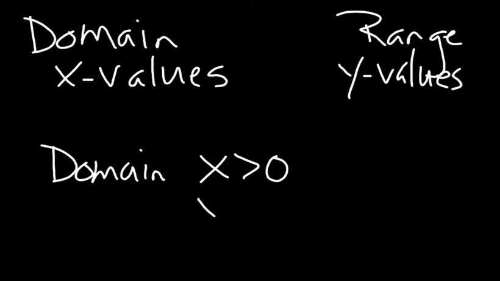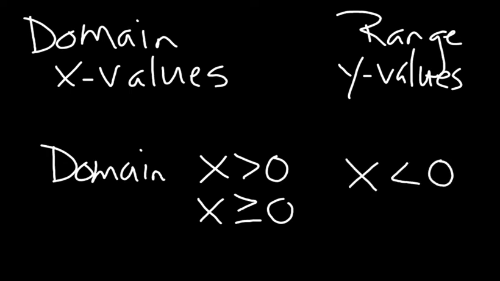They might say x is greater than or equal to 0. Then you would pick x's that were 0 and greater. They might say x is less than 0. Then you would have to pick x's that were negative numbers, less than 0.